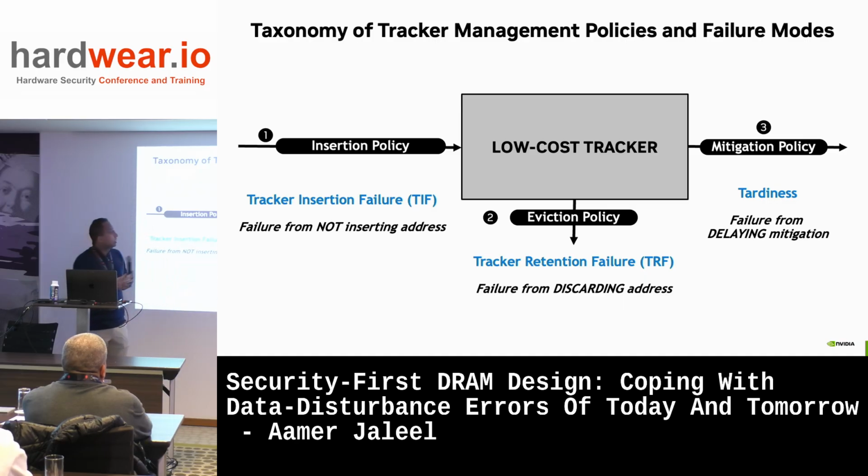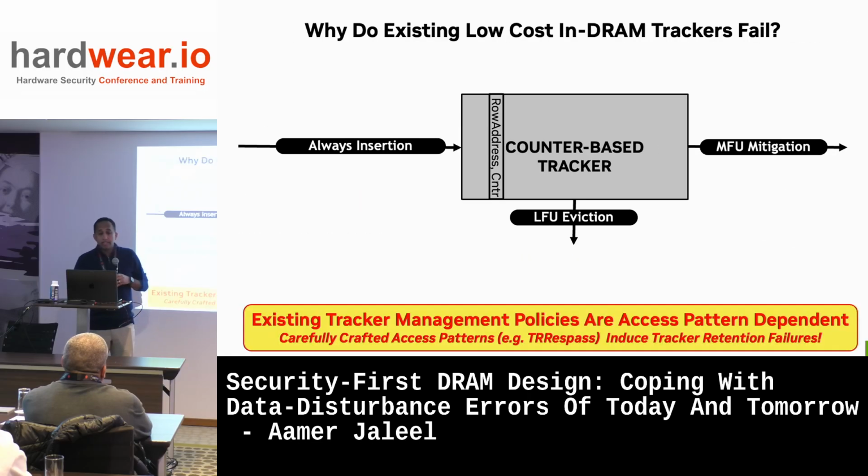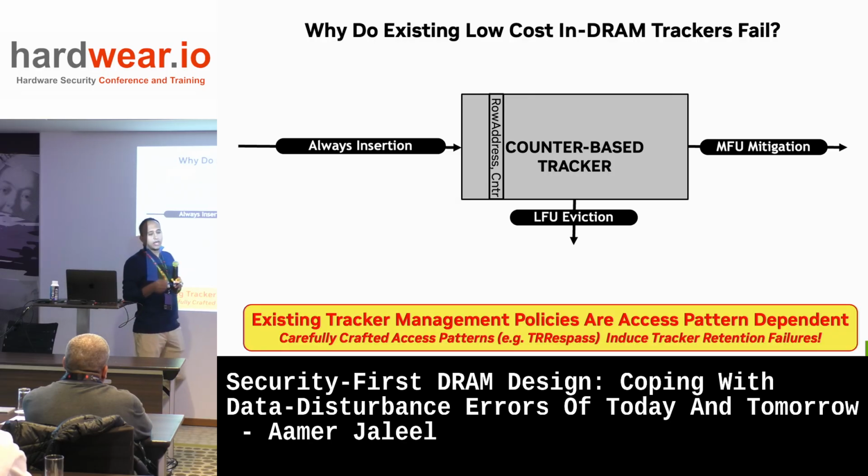So with these three policies in mind and with these three failure modes in mind, let's see why existing in-DRAM trackers fail. DRAM vendors were like, oh, look, the reason why RowHammer happens is that there's a row that's frequently accessed, right? So they said, oh, let's keep track of frequently accessed rows. So they built a tracker, right?